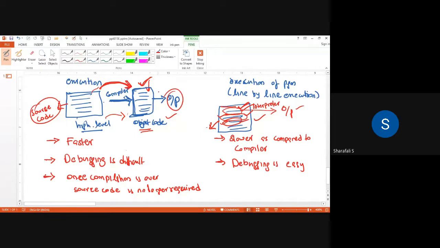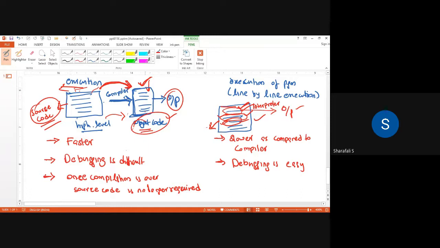But when you are considering the case of a compiler, once compilation is over, this source code is converted into this object code. Once that object code is created, we require only that object code. We do not require this source code anymore, so we can change the location of this source code to some other location. We do not require that code in our memory.